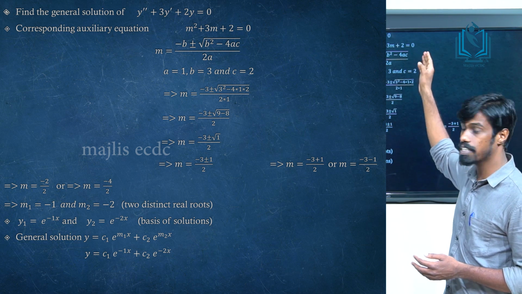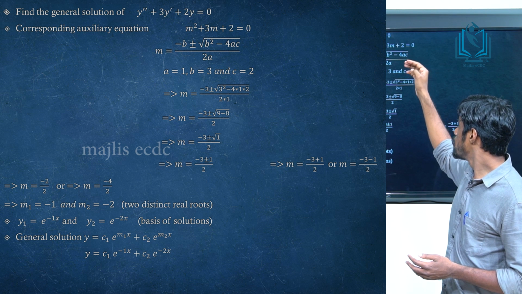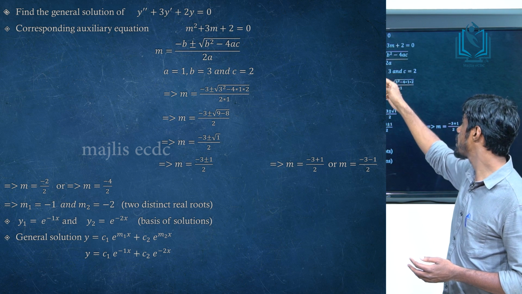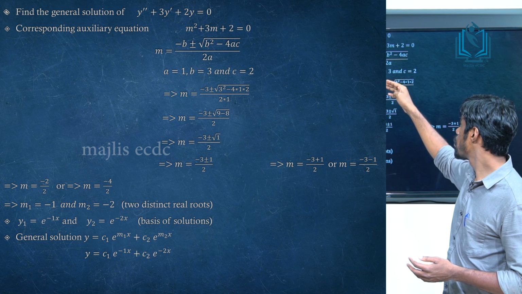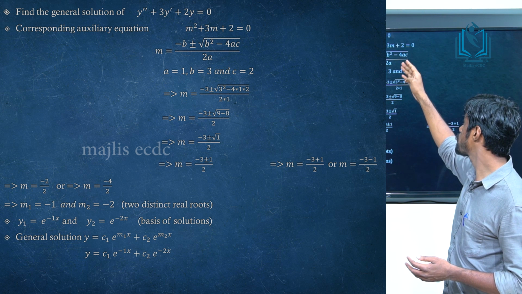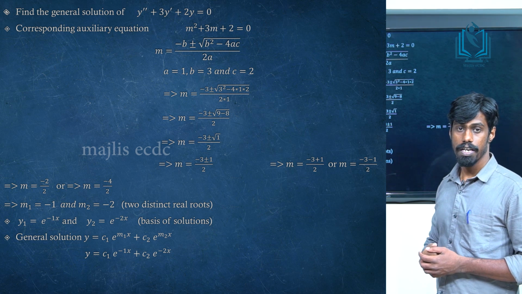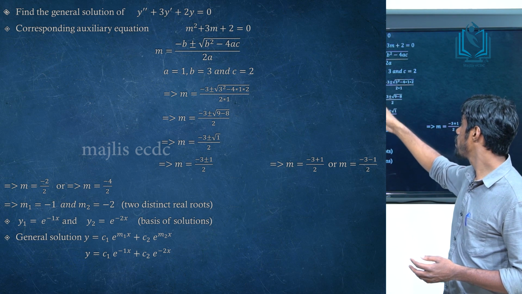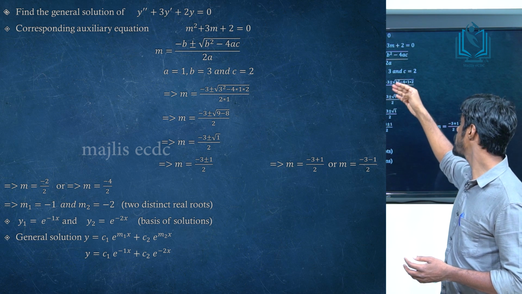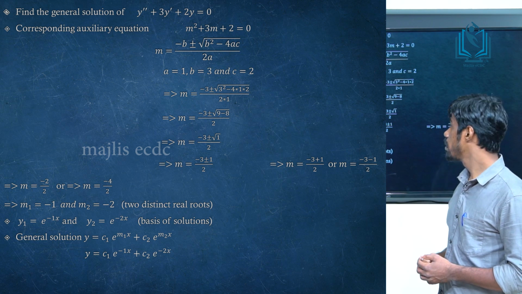Solve this quadratic equation. Use this formula: m is equal to minus b plus or minus root of b square minus 4ac, all divided by 2a. Here a is equal to 1, b is equal to 3 and c is equal to 2.